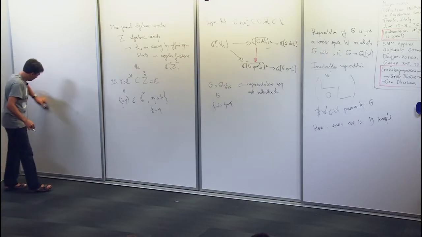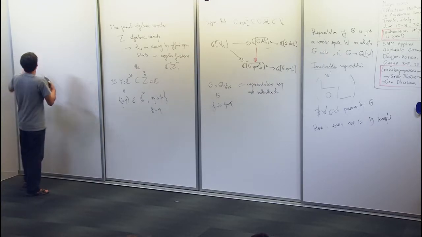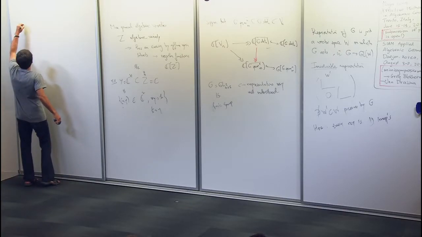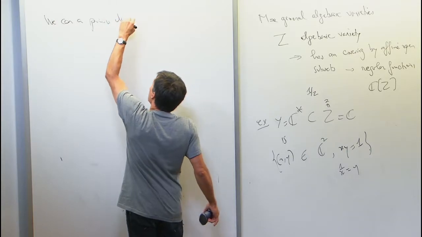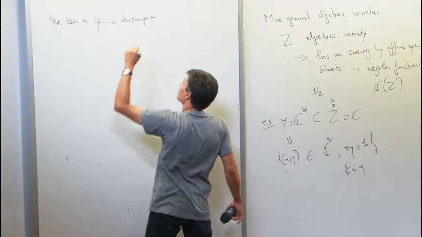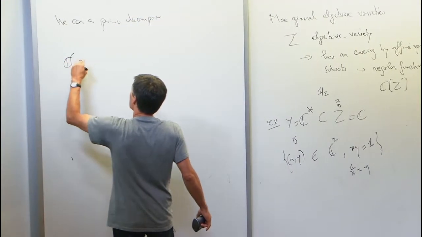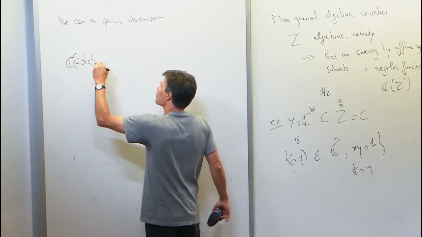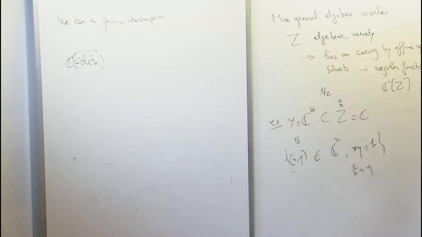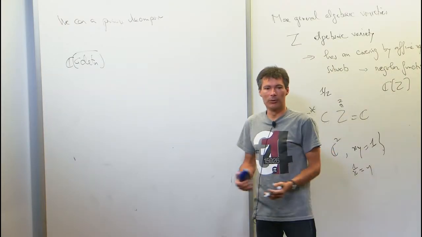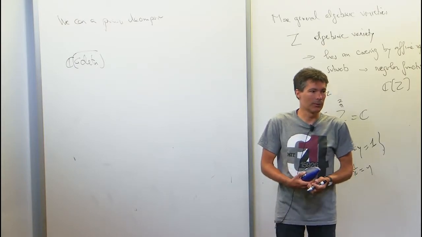So we know that there is some decomposition: the space of functions on the orbit closure as a G representation.